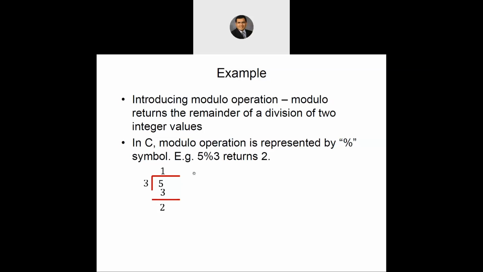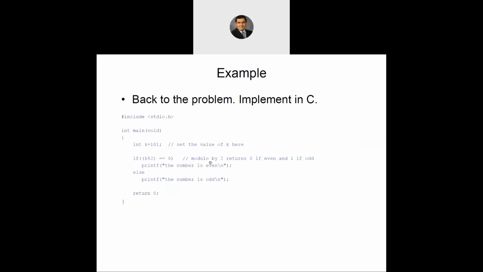Remember, a modulo operator always shows you the remainder of a division. Now that we have this knowledge, we can find out whether a number is even or odd. If the number is divided by 2 and the remainder is 2, that means it's an even number. Else, the number is odd.